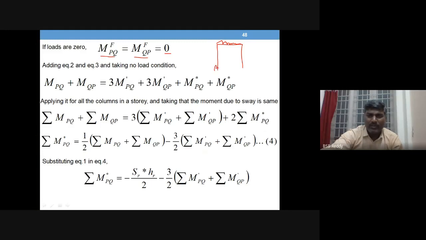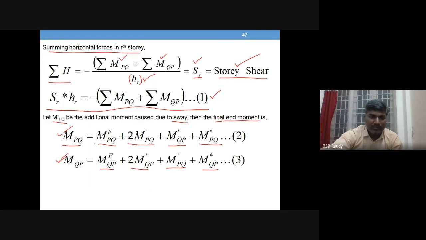So MFAB and MFBA both are zeros. Okay. So adding equation 2 and equation 3 and taking the no load condition means the fixed end moments are to be made 0. This is to be made 0 because there is no load.